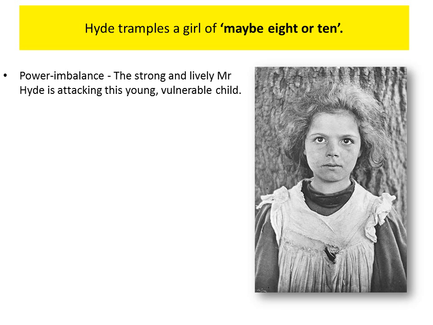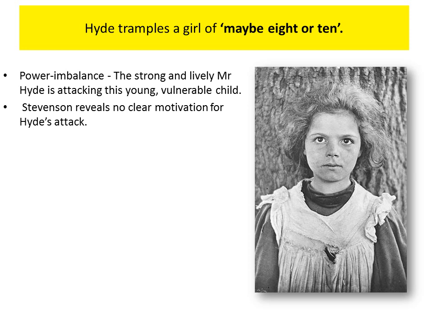But there's a deeper reason why this description is so disturbing. Stevenson provides no clear motivation for Hyde's attack. This little girl seems rather harmless. She poses no threat to Hyde, and it's clear that she hasn't done anything to hurt Hyde. So why would Hyde choose to attack this girl?